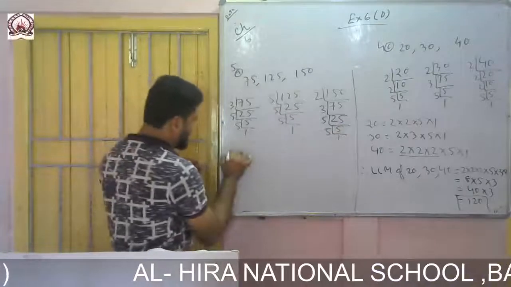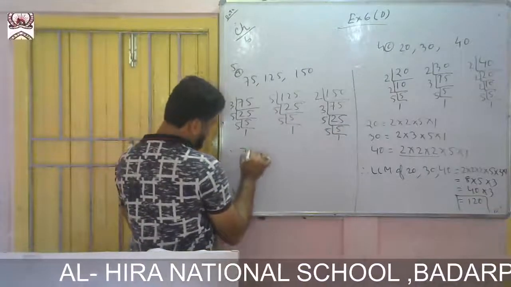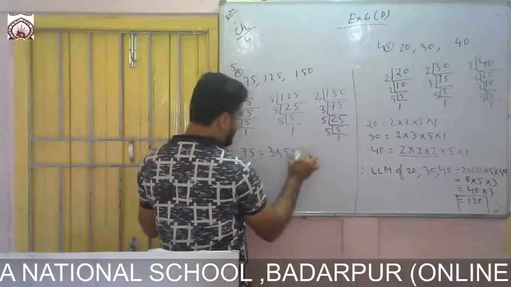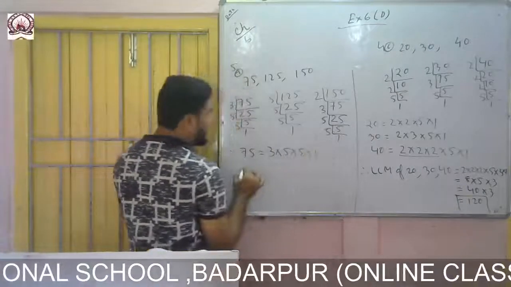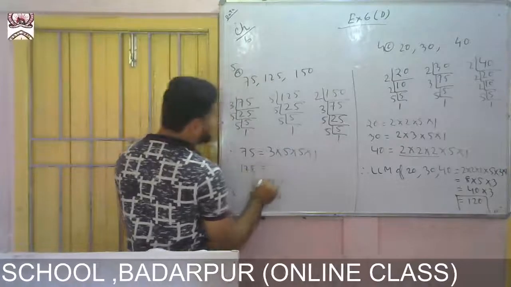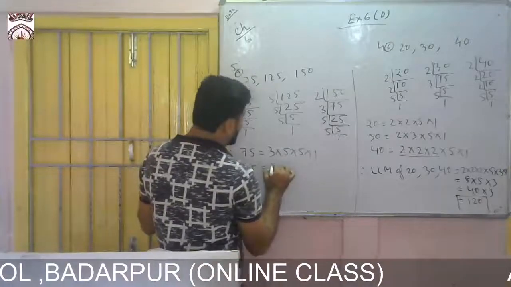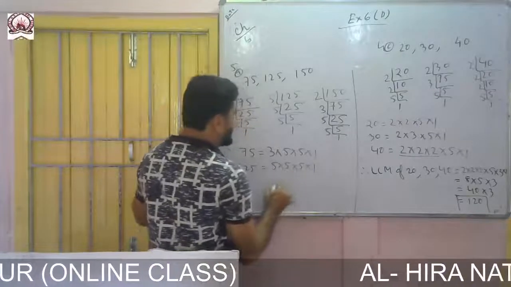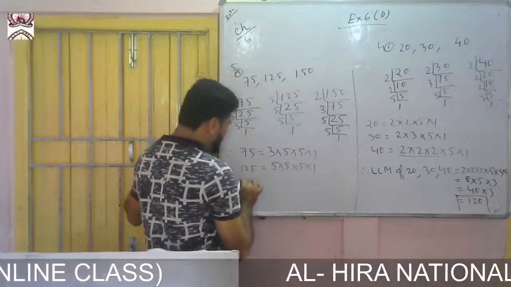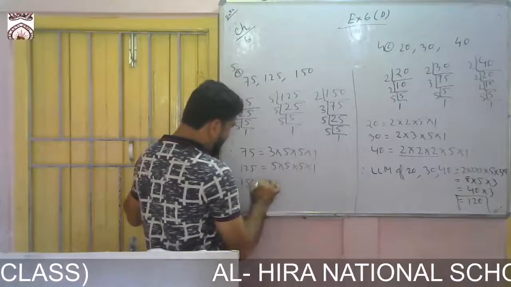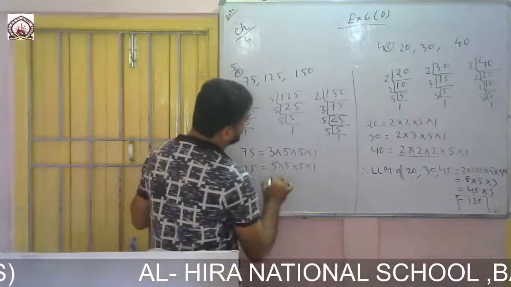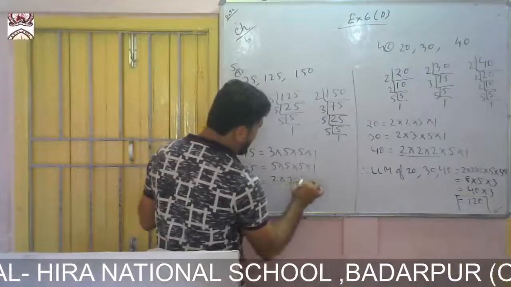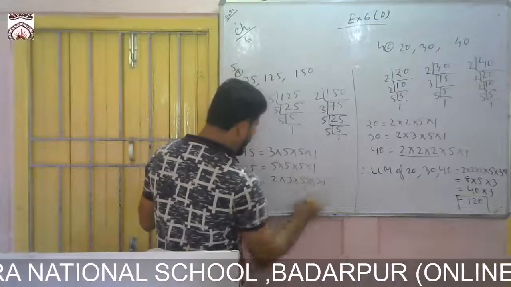Now write. Therefore 75 equals to 3 into 5 into 5 into 1, and 125 equals to 5 into 5 into 5 into 1, and 150 equals to 2 into 3 into 5 into 5 into 1.